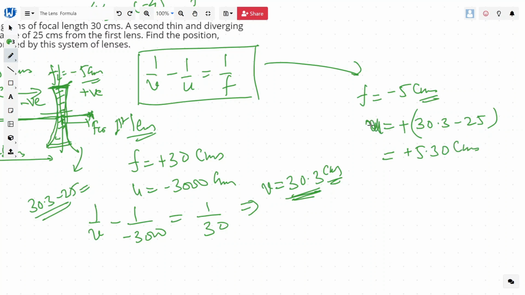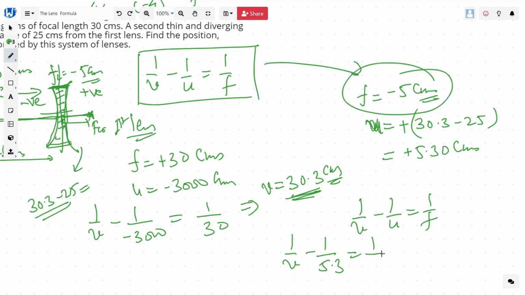Now we know F and U. We can simply plug in the number to find the location of the image. In this formula, it's going to be 1 by V, and U is positive, and F is negative. And when you do that, basically you will find the V is equal to minus 88.3 centimeters.